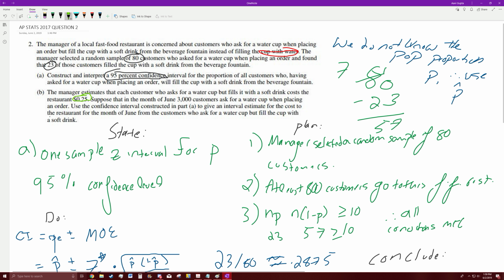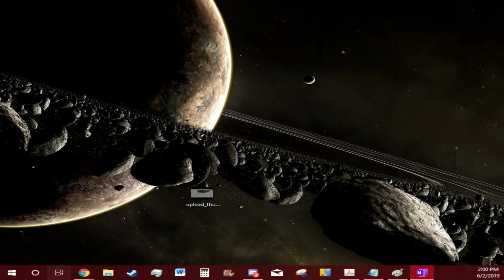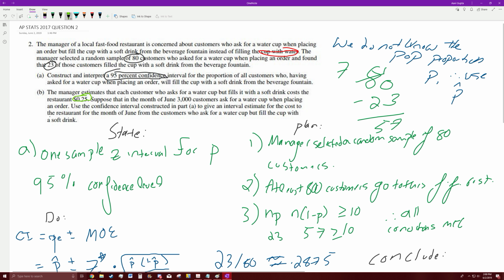Use the confidence interval constructed in Part A to give an interval estimate for the cost to the restaurant for the month of June from the customers who ask for a water cup but fill the cup with a soft drink. Okay, so I think this is two-part. Right, this is two-part. Okay, so this is actually not that bad.